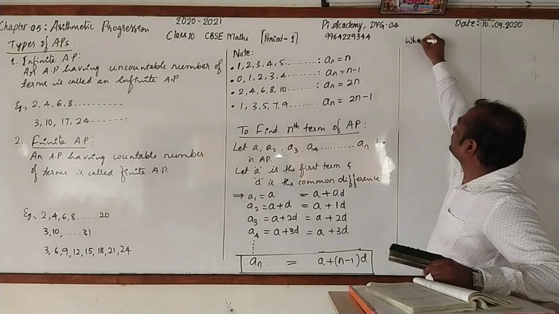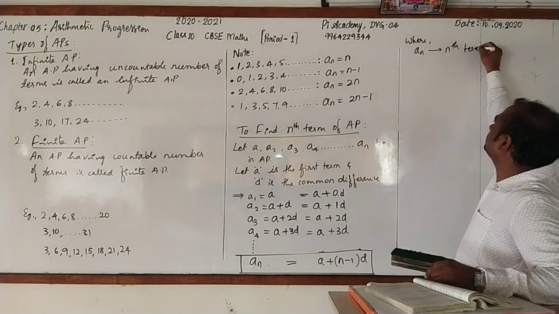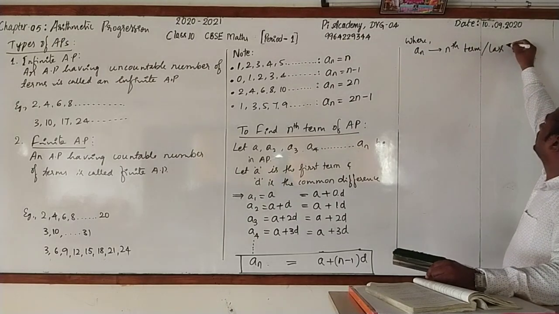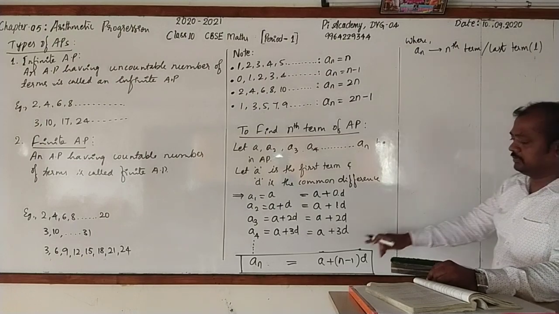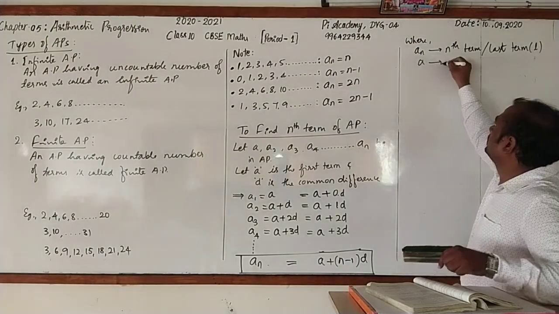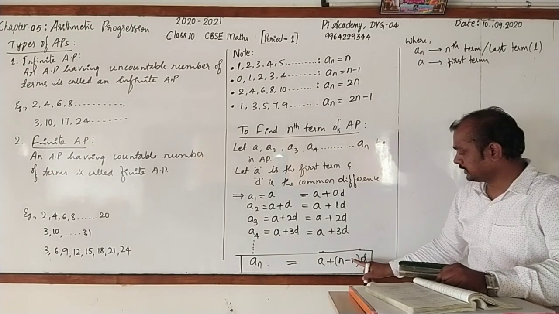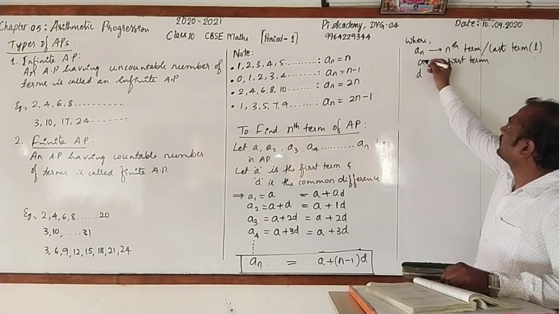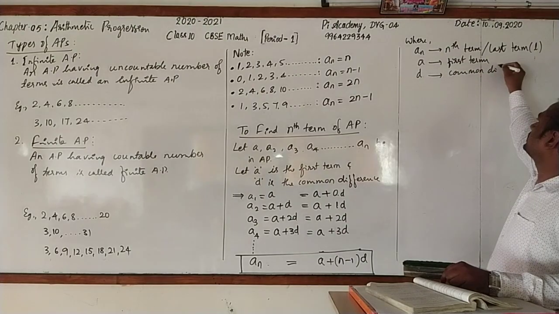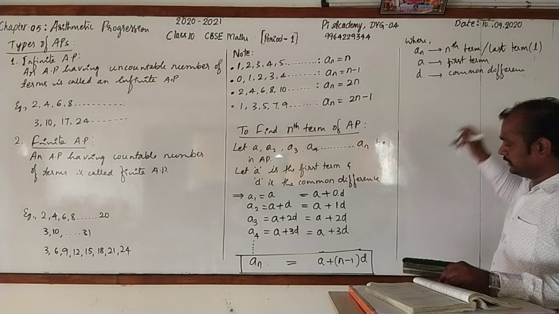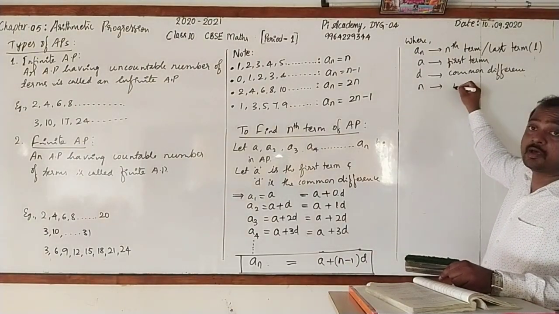Here I will write them: where an is the nth term, also called the last term, denoted as l. a is the first term and d is the common difference. Then here n is the number of terms.